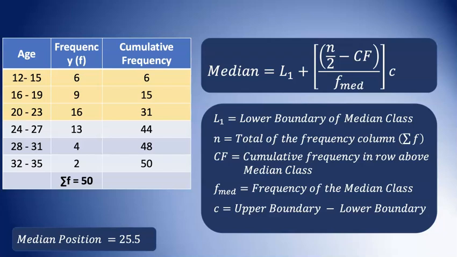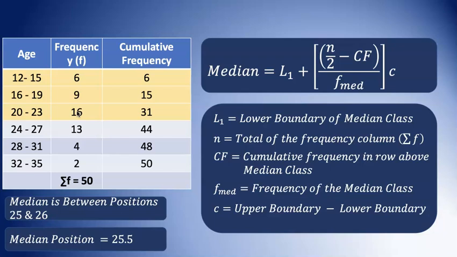But get to the third row and we're now up to 31 students. That means that both position 25 and 26 will be somewhere in this group of 16 students. So we can say that the median class for us will be 20 to 23. So this is our median class.